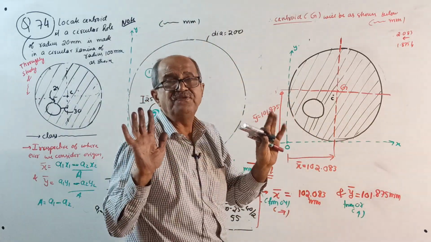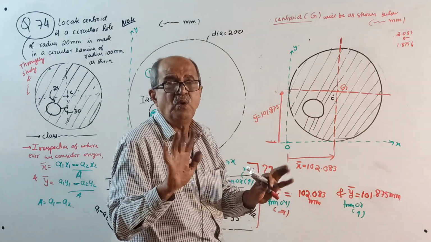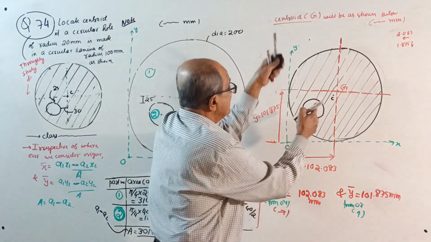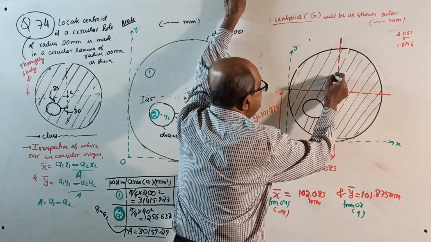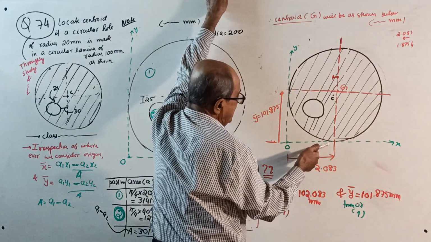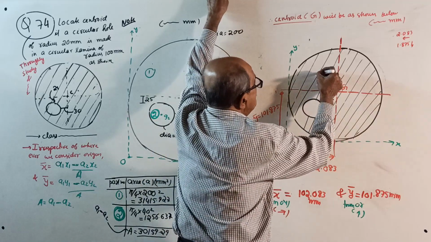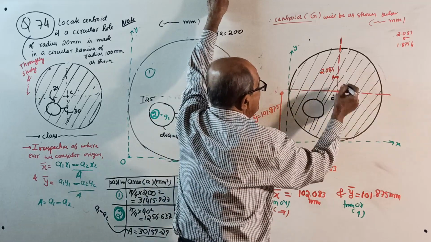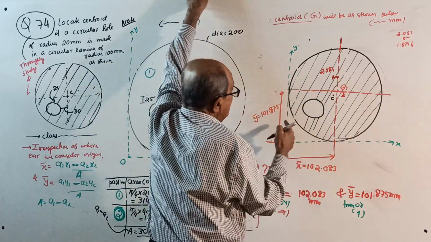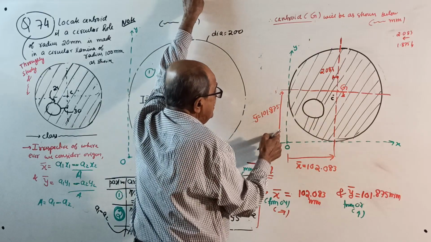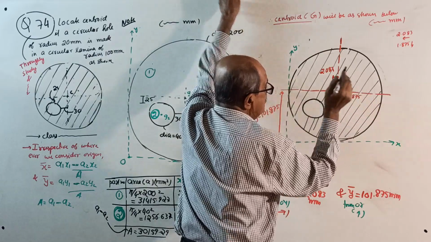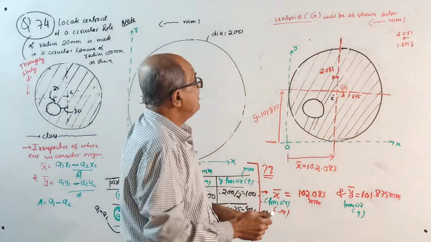Suppose somebody wants the centroid location from center. Then this distance is 102.083 minus 100, which is 2.083, and this distance is 101.875 minus 100, which is 1.875. Make a note. Okay, then remove it.